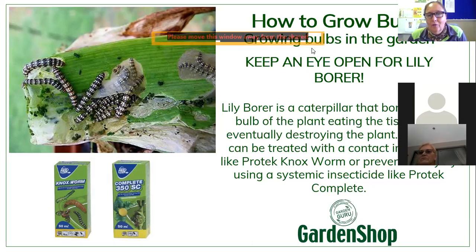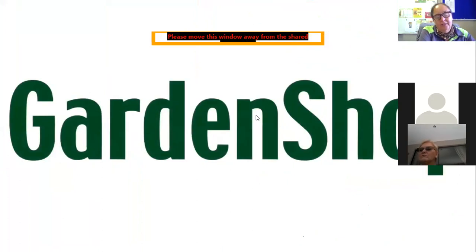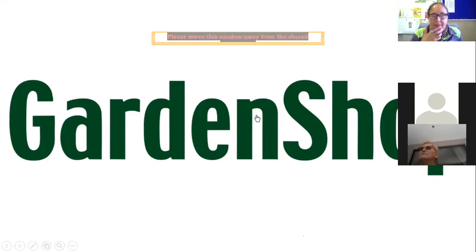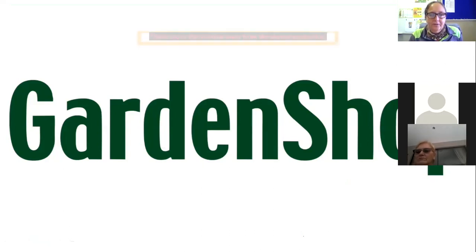Not always all of them, so you might still need to use something along with that in order to get rid of those lily borers. But when you see them, try and get rid of them as quickly as possible, because they can be quite devastating.